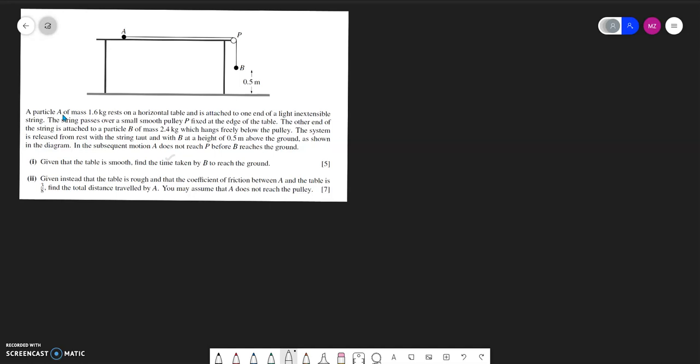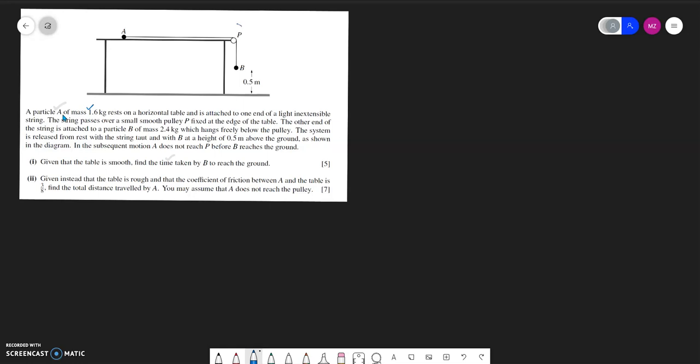So this is the whole statement of the question, and we are given the particle A, and this particle has a mass of 1.6 kg. It rests on a horizontal table, and there is of course an inextensible string, and the string passes over the pulley.